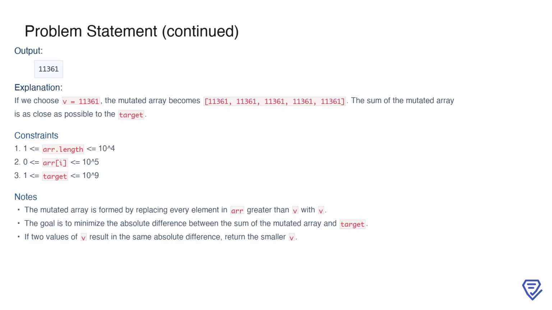The sum of this array is as close as possible to the target. This example highlights how the solution must efficiently handle larger inputs and constraints. To summarize, the problem requires finding the optimal value of v to minimize the difference between the mutated array's sum and the target, while adhering to the rules about how elements are replaced.